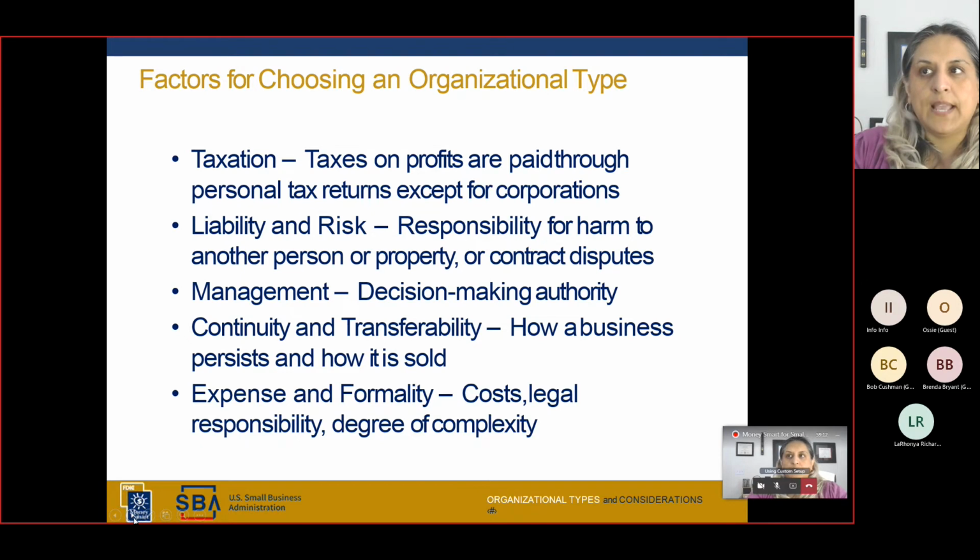All of the owner's personal assets, including the owner's home, could be seized to pay a judgment. So when we're looking at liability, we're looking at who's going to be obligated: your personal assets, your home, your car, everything you've worked hard for your entire life.